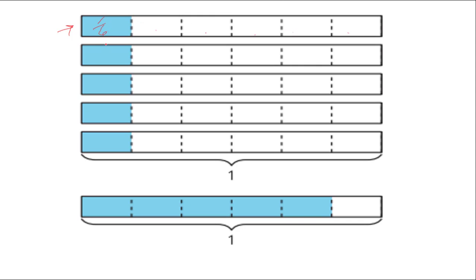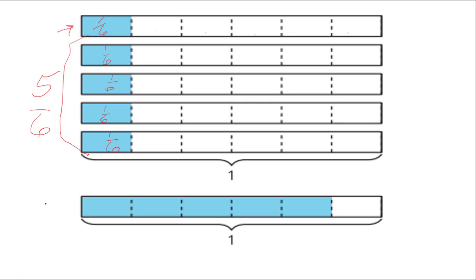Here they've shaded 1 out of 6, 1 out of 6, 1 out of 6, and 1 out of 6. So the shaded pieces here are 1/6, 2/6, 3/6, 4/6, 5/6.